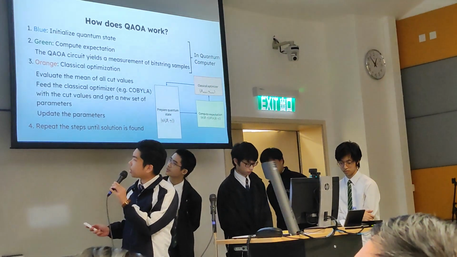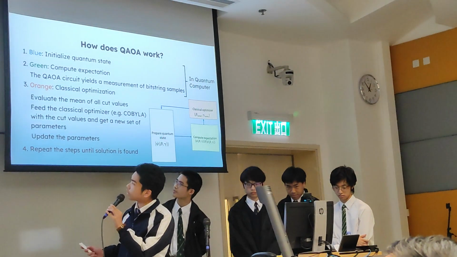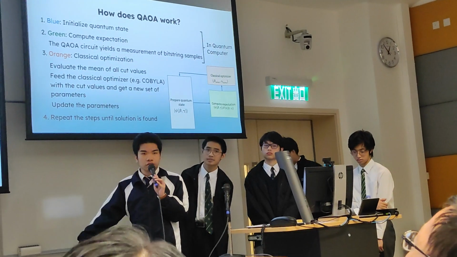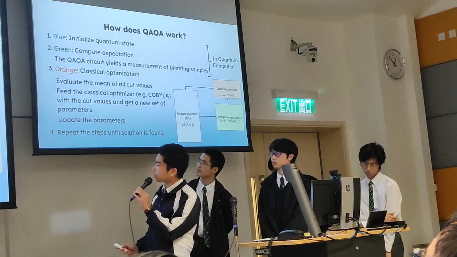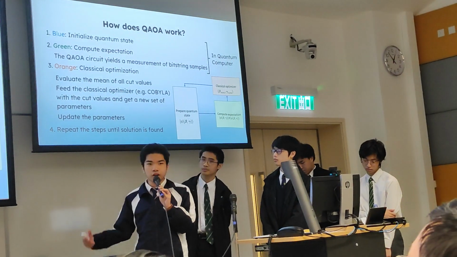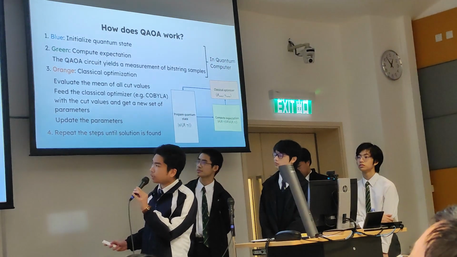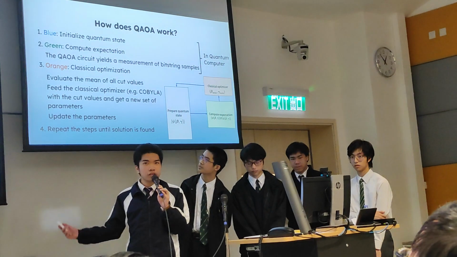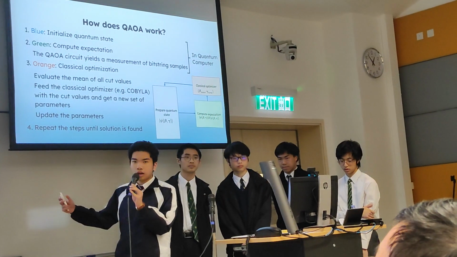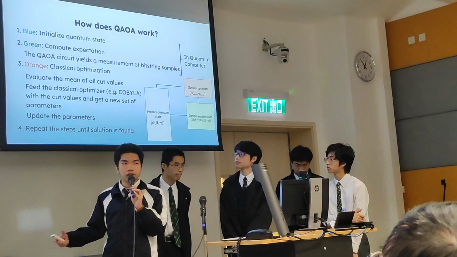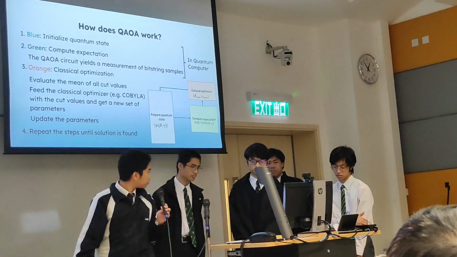Then we feed the expectation value to the classical optimizer, where new values of beta and gamma, which are used in this expectation part, are constructed, and then fed into the quantum computer again. This cycle is repeated until an optimal solution is found, when the expectation value is the highest or the lowest.